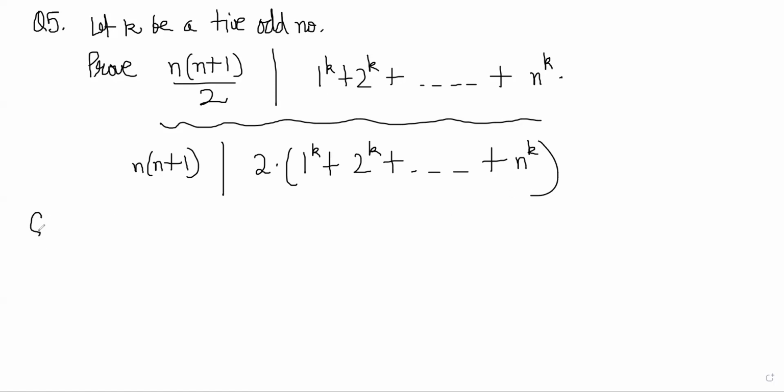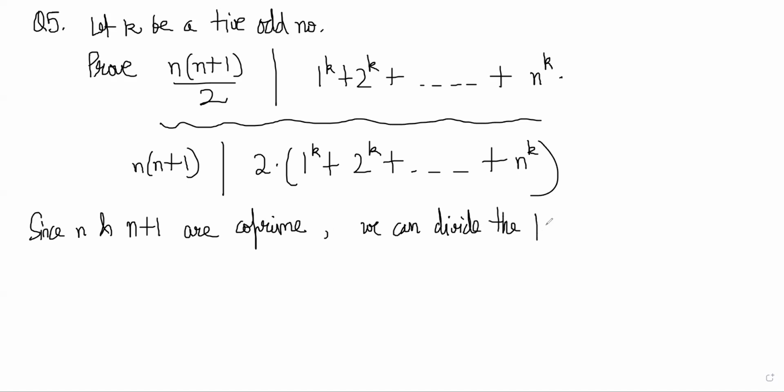Now we know that since n and n plus 1 are co-prime with each other, we can divide the problem into two cases.